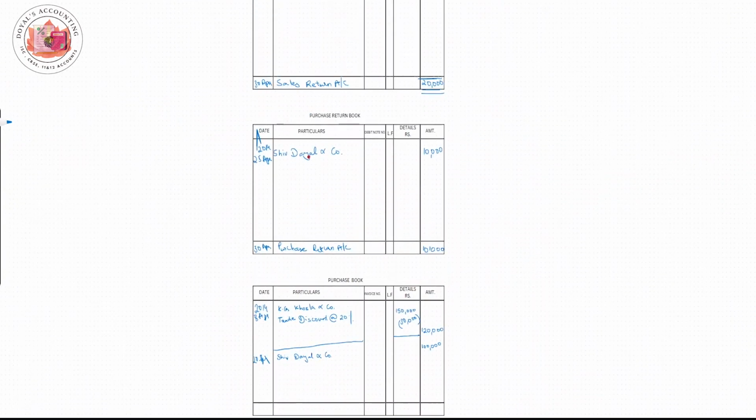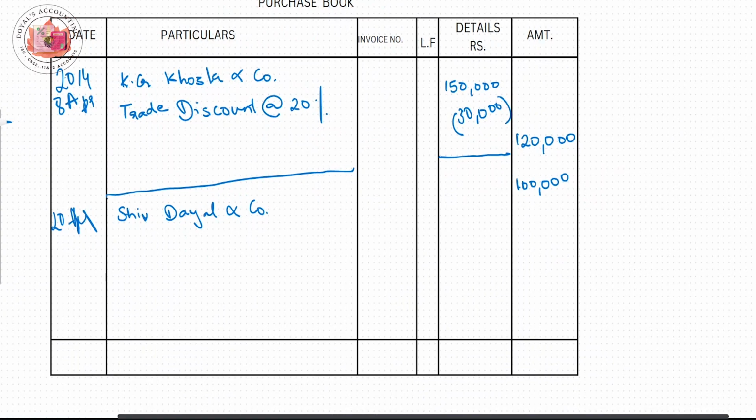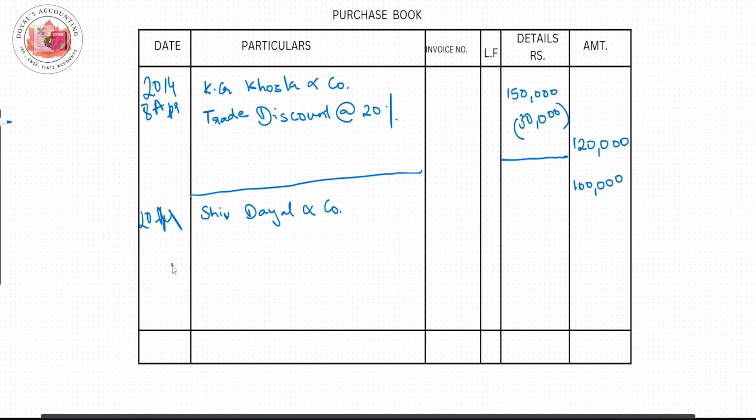Next, I will go to my purchases book. I'll total up my purchases book. So 30 April, purchases account, 1,20,000 plus 1 lakh. That gives me 2,20,000.